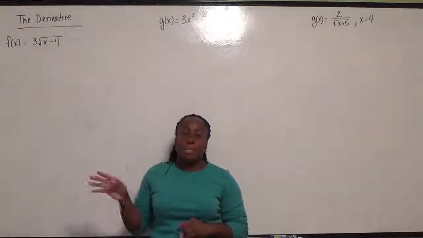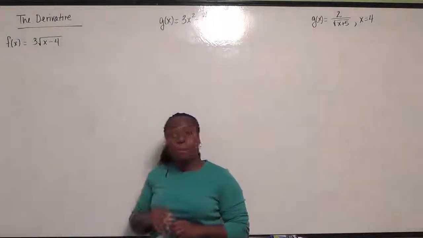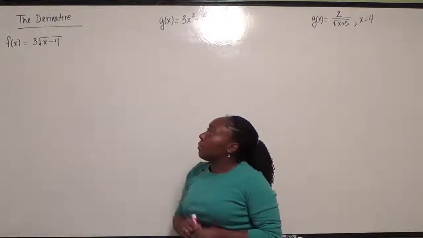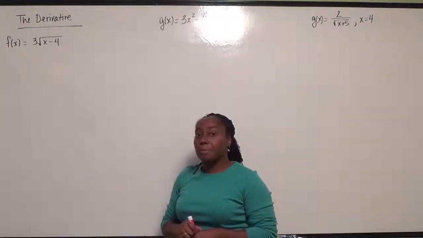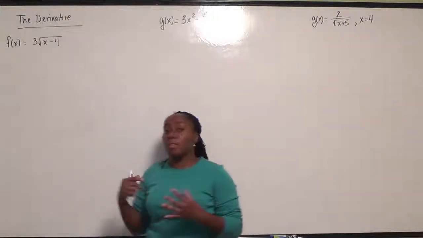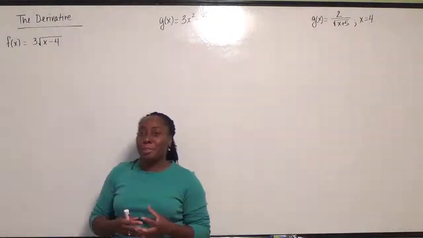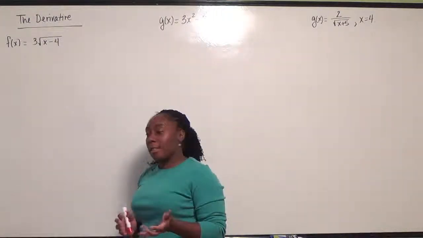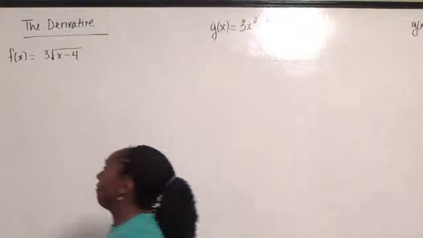Okay, so let's look at some other examples of the derivative. Okay. In this case, let's look at f of x equaling 3 square roots of x minus 4. The idea is we still want to do the same thing. We still want to find the derivative using the definition, so using that limit. The difference again here is that we're using a slightly different function.